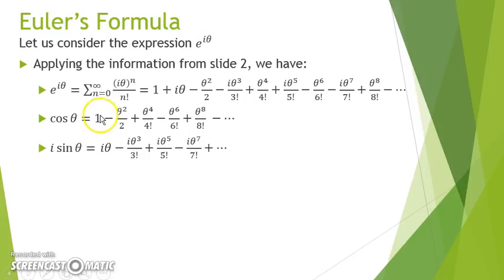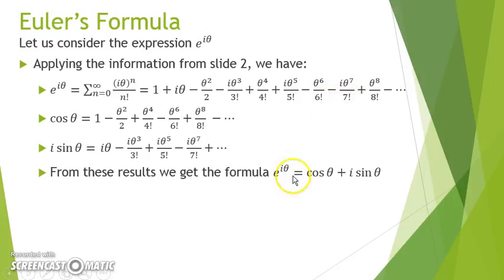So you can see here the cosine of theta catches all the even terms in our e to the i theta, and then the i sine of theta catches all the odd terms.